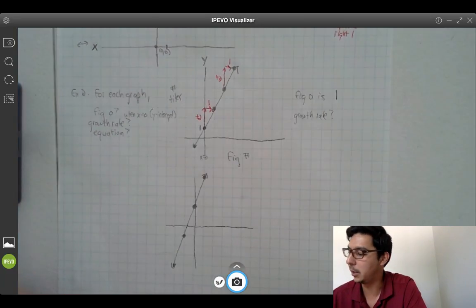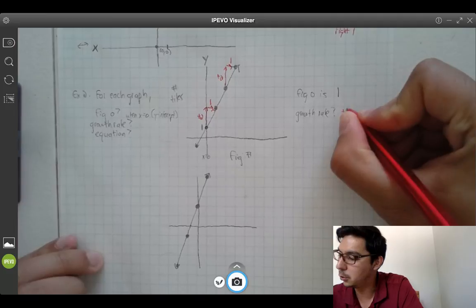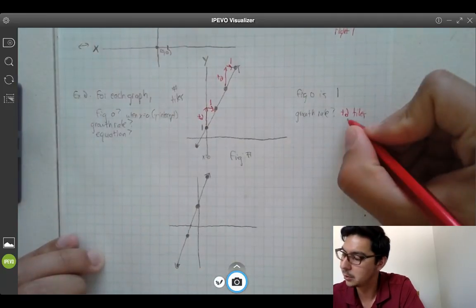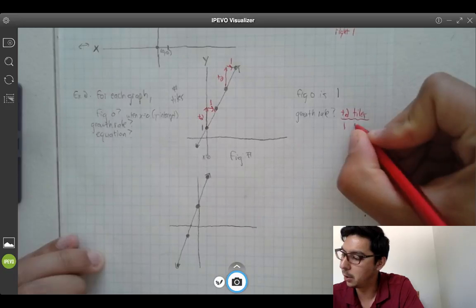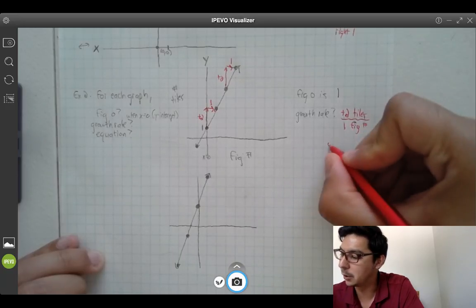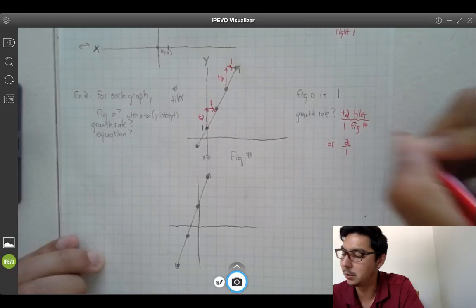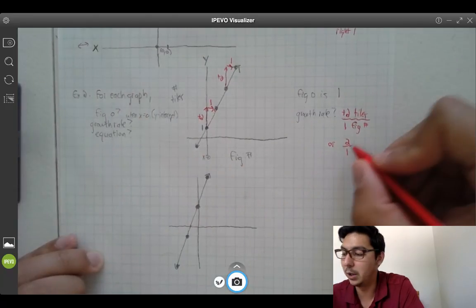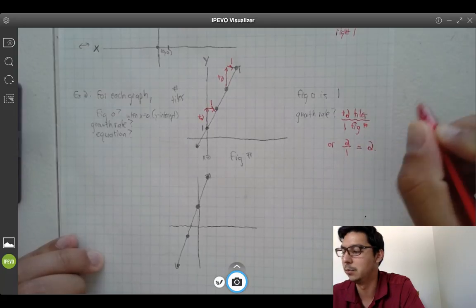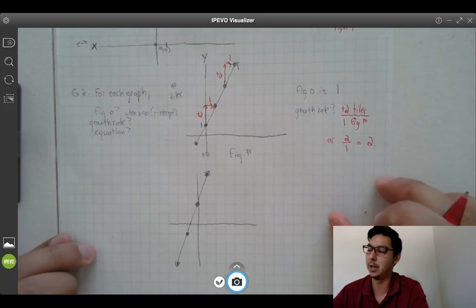So the growth rate here is 2 tiles for every one figure number. Or if you just want to use numbers, it could be 2 over 1, which is 2 divided by 1, so you could just put 2. It's growing by 2 tiles every time.